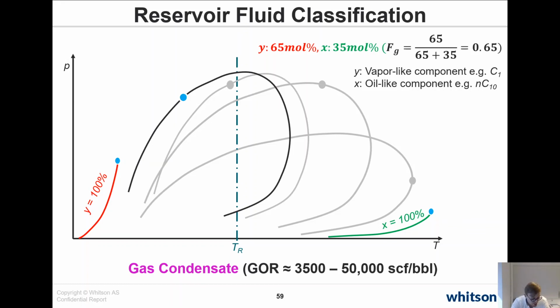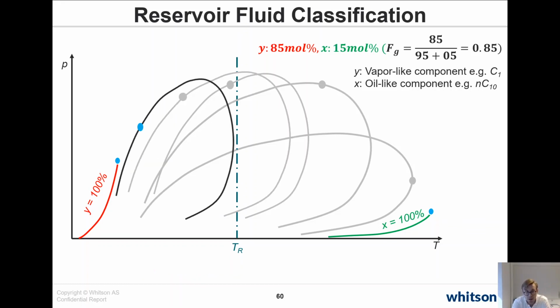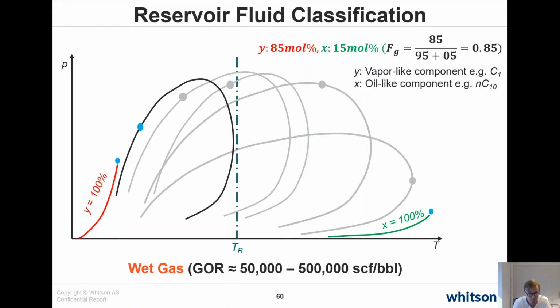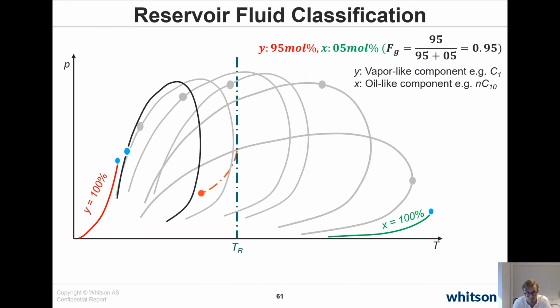Okay. So if you continue to do this exercise, you might end up with a phase envelope that's actually outside of the initial reservoir temperature range. Then we're talking about a wet gas reservoir, and again, if you do this even further, you're eventually going to end up with something that's essentially dry gas, which might have a very high GOR.